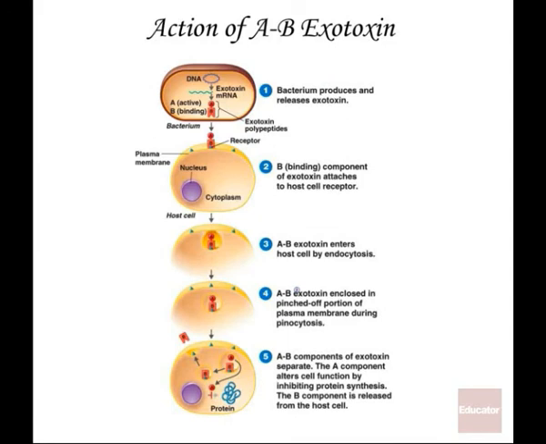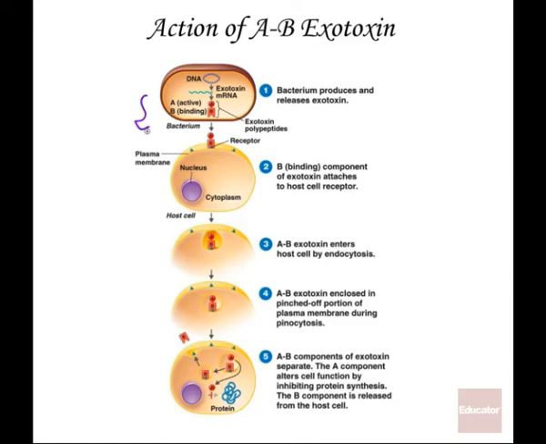Now, here's just an example of one of them. They all have their various versions and forms, but here we have a binding part and an active toxin. If you can see here in the figure, we have an A and B. A is the active part of the toxin, and B is the part that facilitates binding. So we have the toxin released by the bacterium. We have binding.